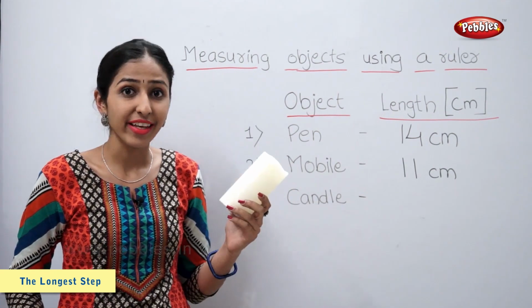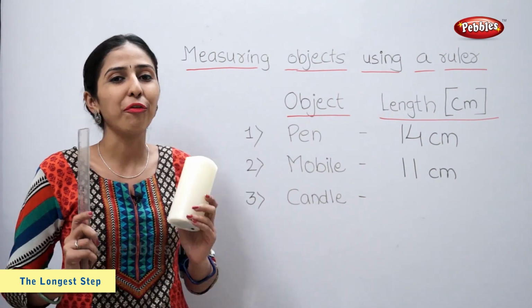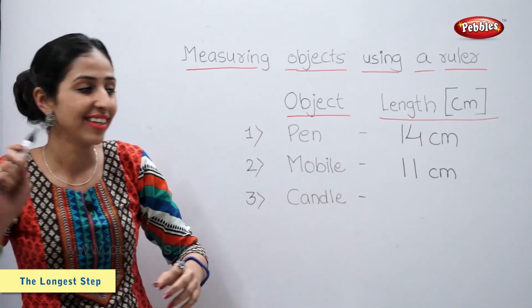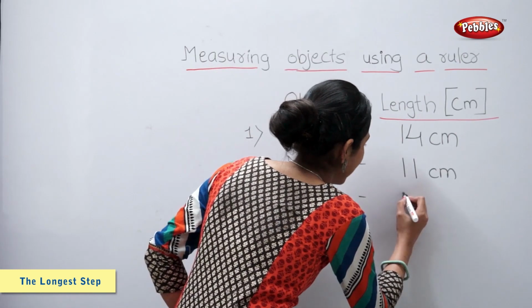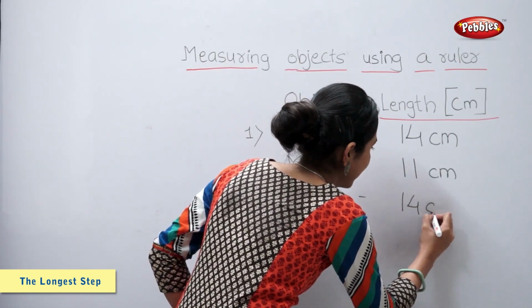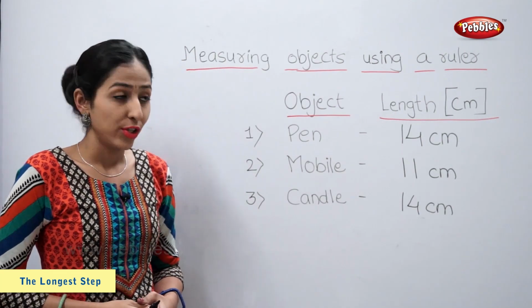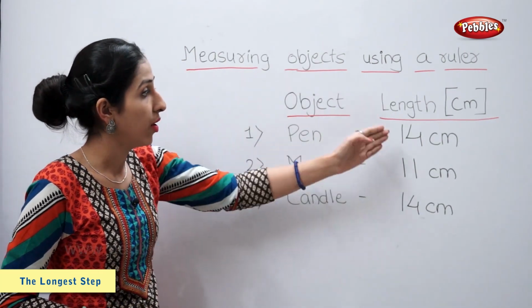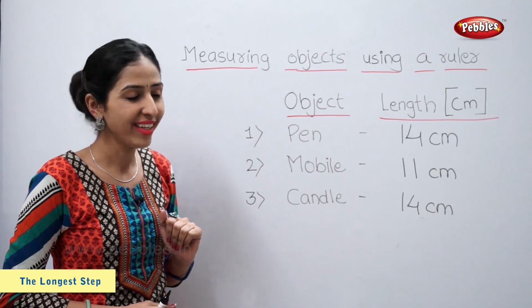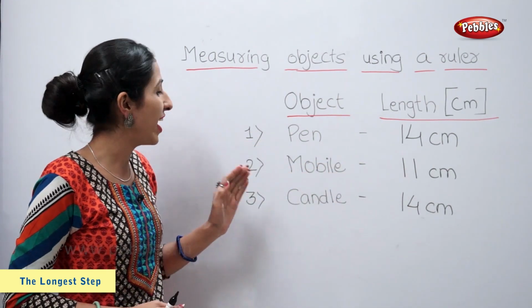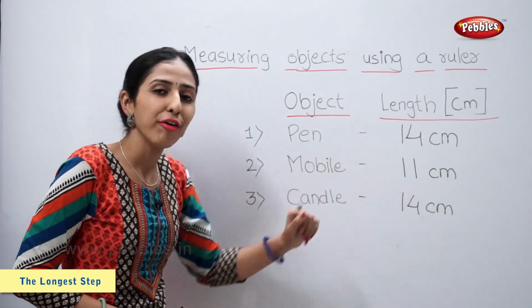So, length of this candle is 14 centimeter. So, pen was 14 centimeter long, mobile 11 centimeter and our candle 14 centimeter.